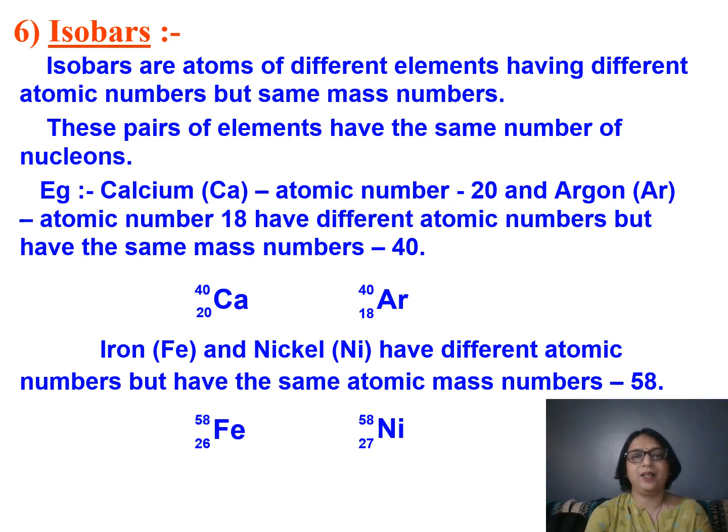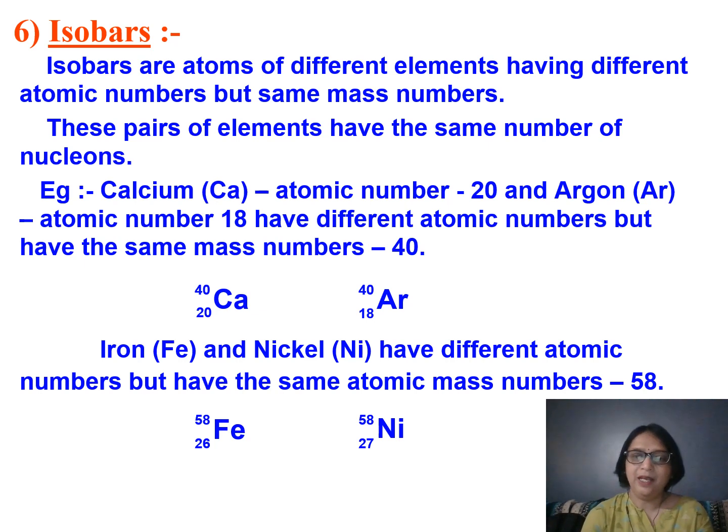Isobars are atoms of different elements having different atomic numbers but the same mass number. These pairs of elements have the same number of nucleons. Calcium with atomic number 20 and argon with atomic number 18 have different atomic numbers but the same mass number.